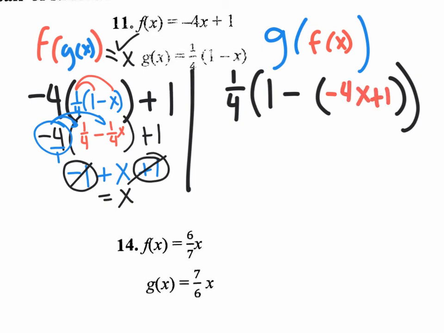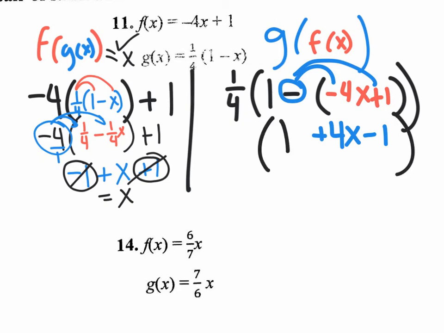And when I work it out, I need to, in this case, distribute that minus sign. So that's going to change it to a positive 4x. That's going to change this to a negative 1. And we still have the parenthesis, the 1 out there, and the 1/4 over here. So inside the parenthesis, I still have a positive 1, a positive 4x, and a negative 1.